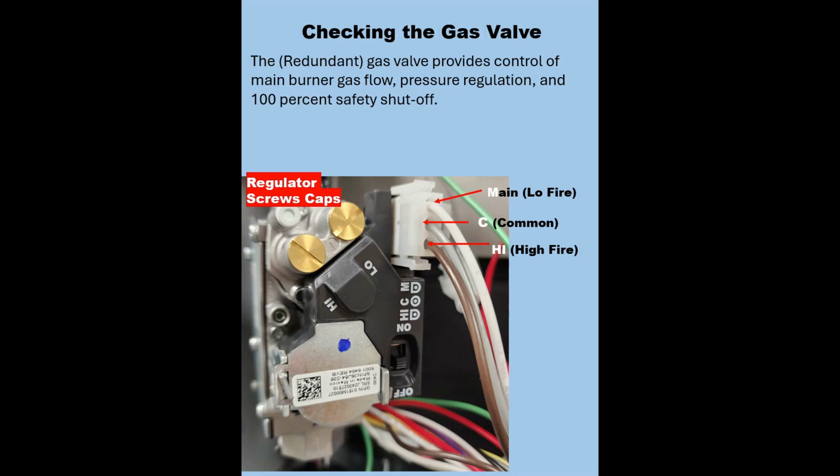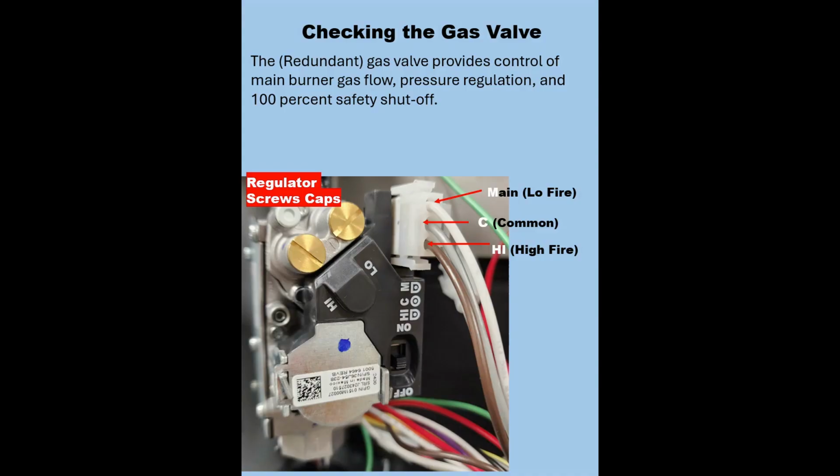The main side of the valve is always energized. When you go to high fire, the main side stays powered because that has to stay open, and the high fire will have voltage to it also. And you would measure those main to common, high to common.